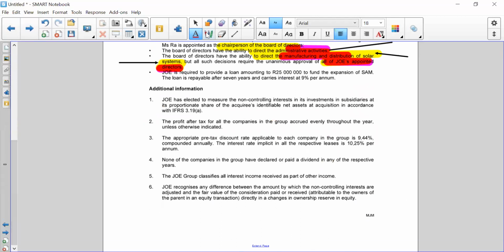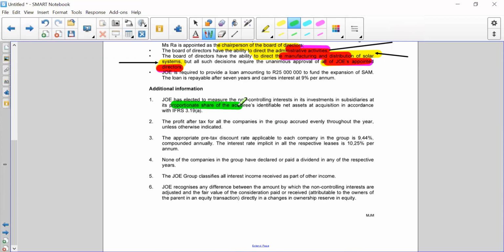If we look at the additional information, they've already said we've elected to measure NCI in its investments in subsidiaries at proportionate share, so not the full value or fair value method, not the full goodwill method. Profit after tax is accrued evenly throughout the year. We use an appropriate pre-tax discount rate of 9.44%, and if there's a rate implicit in the lease, the rate implicit is 10.25%.